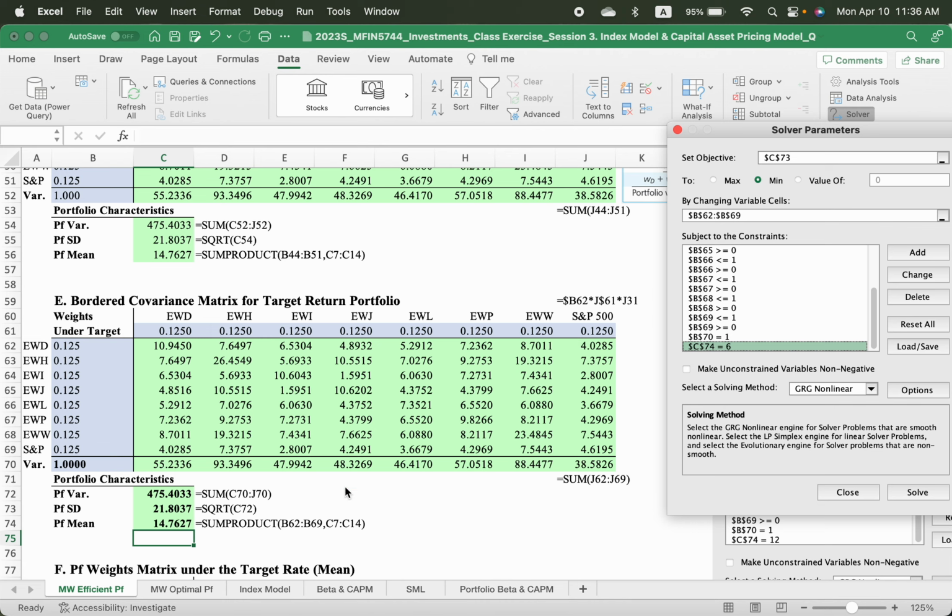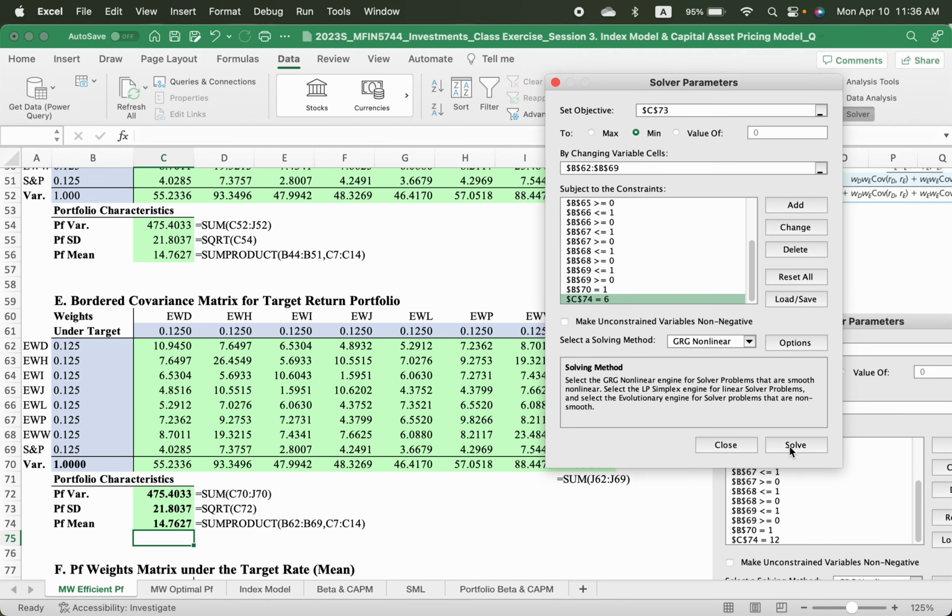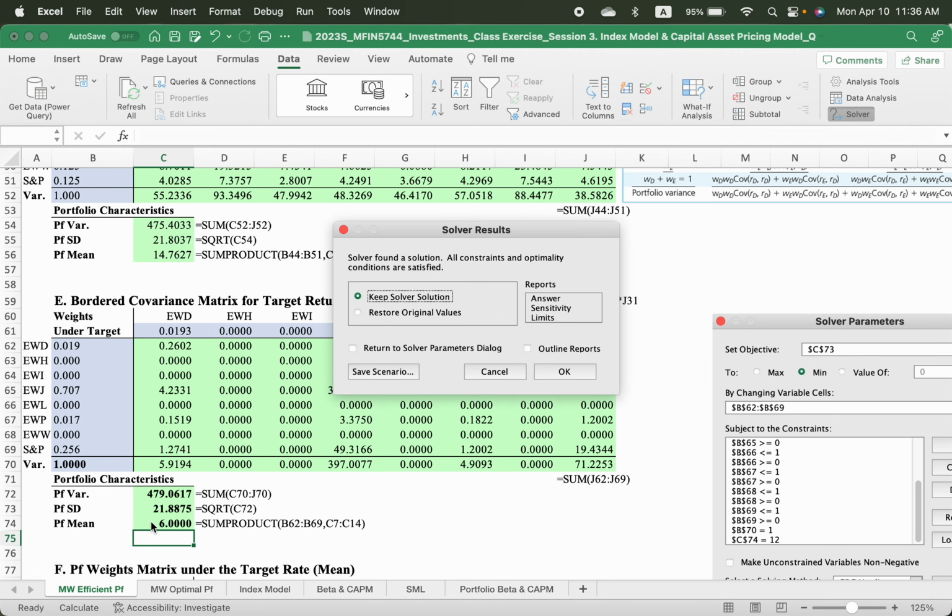Okay, here, C74, if we set this mean to 6, it's a target rate of return, right? Target rate of return. What is the standard deviation? We minimize the standard deviation. Then let's just solve. Then here, the combination for 6.